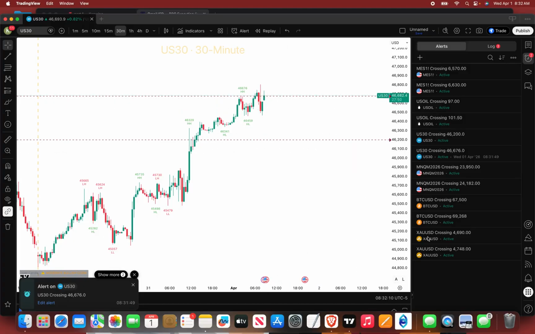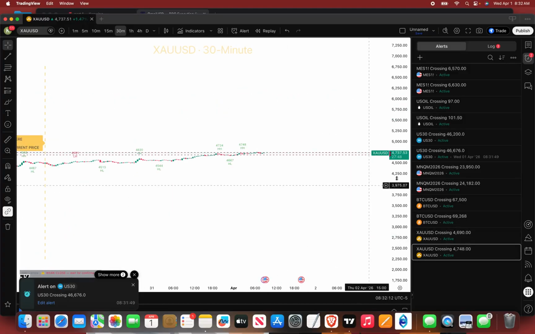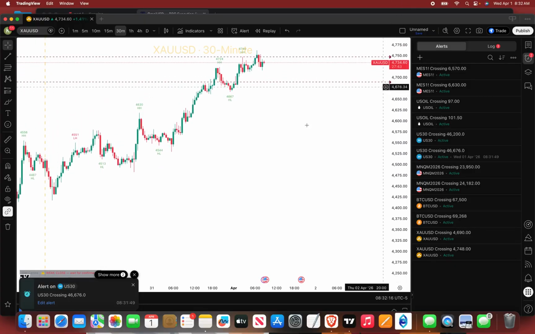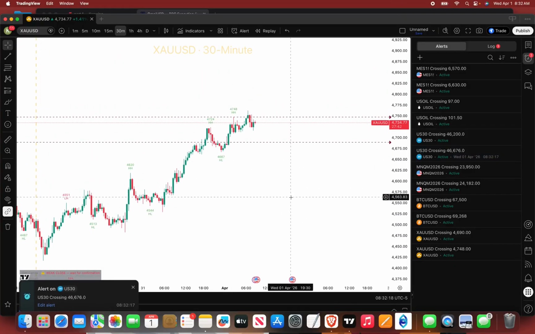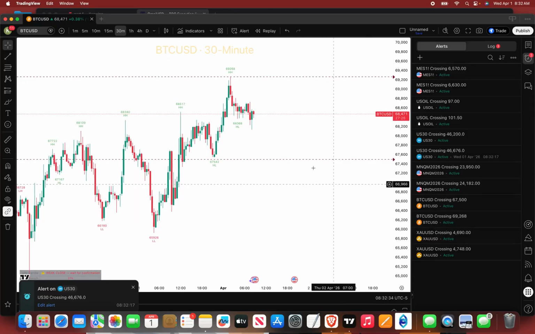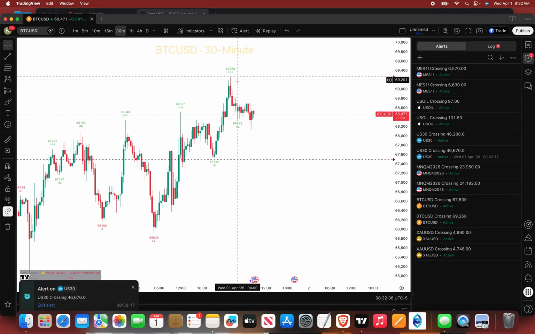All right, let's look at what gold is doing, because gold has been going crazy lately. Bitcoin. Bitcoin right here is still in the chop.